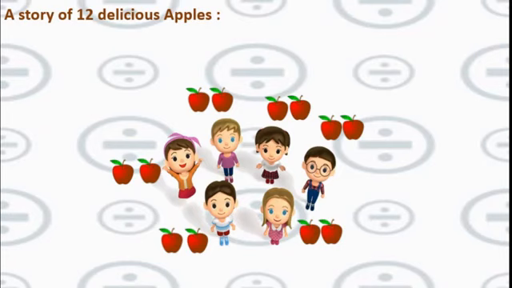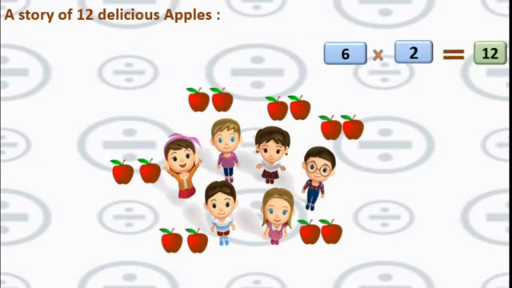We will write in the format, means how many students are there? 6. And how many apples they got? 2 each. So 6 2s are 12. Correct? And in the division form, total number of apples divided by 6 students.